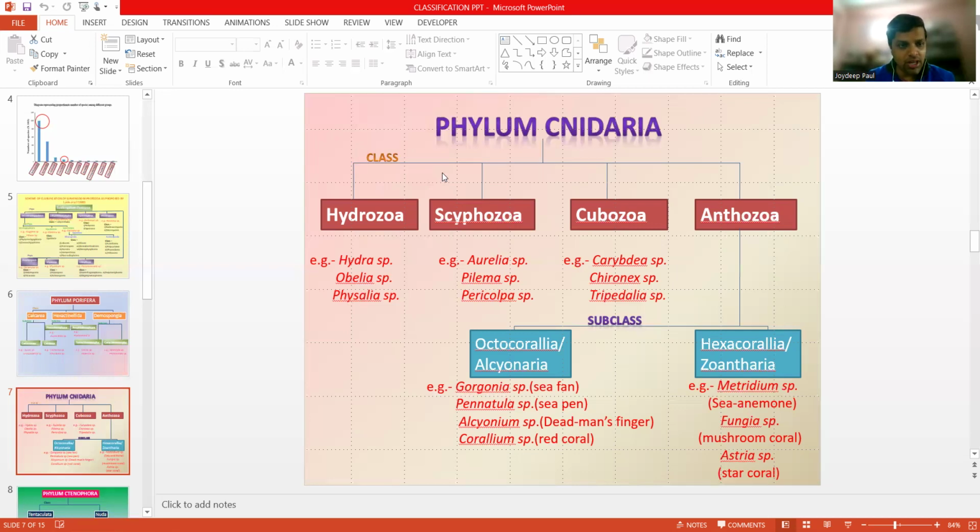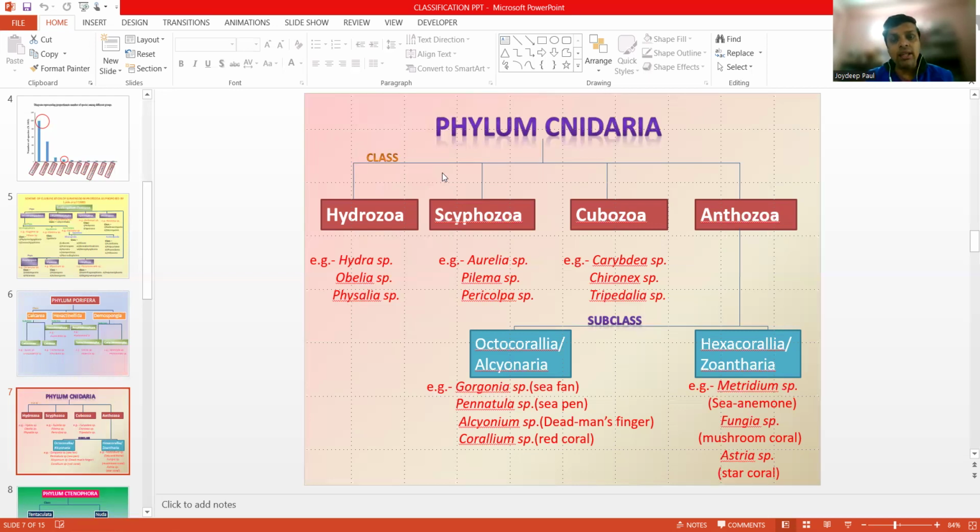So there is a particular type of nematocyst which is given a particular name, but the functions are very much similar to what we already discussed, like protection or feeding or adhering to the host body, whatever is needed. Examples: Tripedalia species.